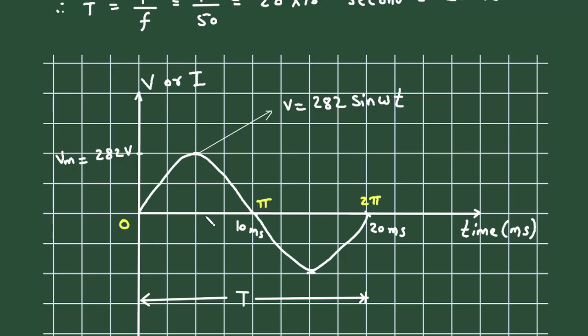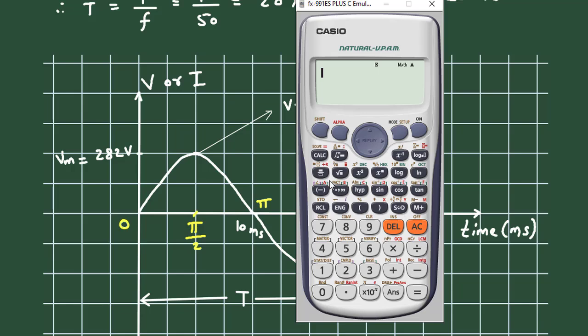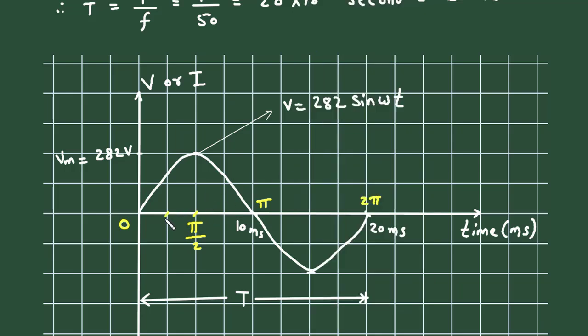Now if we take half of this pi, here this will be pi by 2. Again if we take half of this pi by 2, it will be 0.5 divided by 2, so it is 1 by 4, that is pi by 4.